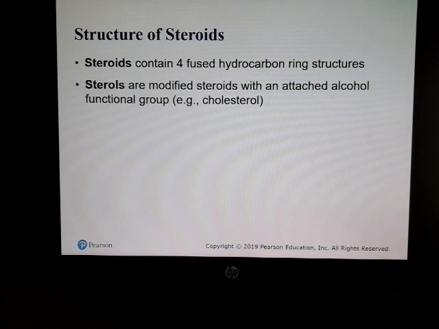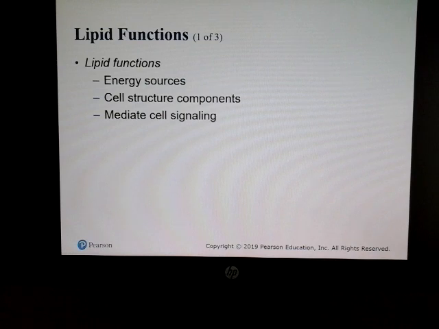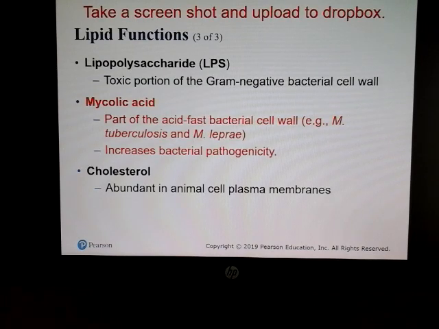We also have things known as steroids and sterols, and again, these are important for different types of hormones and also for cholesterol production. So lipids function as energy sources and in cell structure and mediate cell signaling as well.